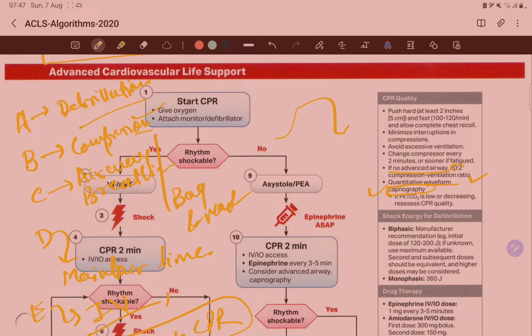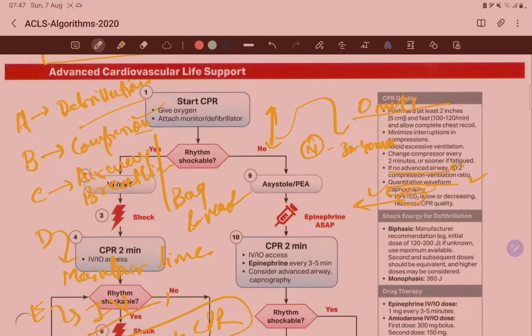This shows the normal is around 30 to 40 mmHg, this height. If there is a cardiac arrest, there is 0 mmHg, a flat line, because this capnography shows the expired CO2, meaning how much CO2 is coming out.